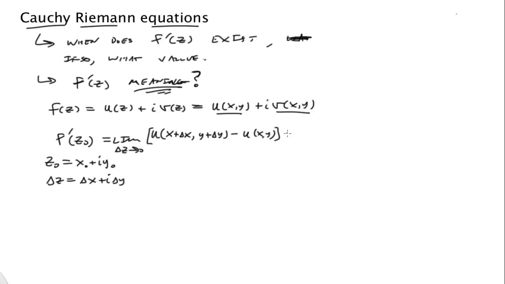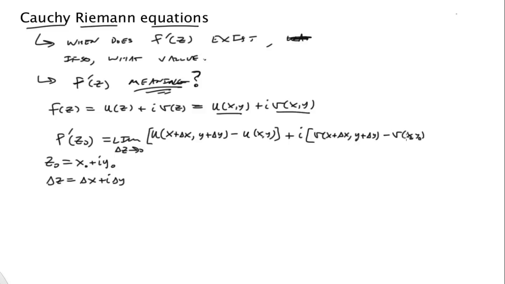That's one part of it. Then we have a plus i times v at x plus delta x, y plus delta y, minus v at x comma y. Again, this is just a long form expression of the derivative.